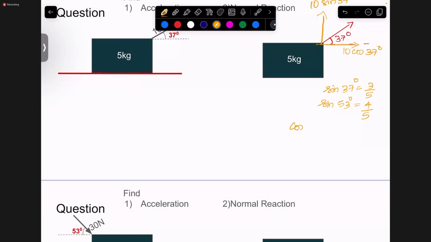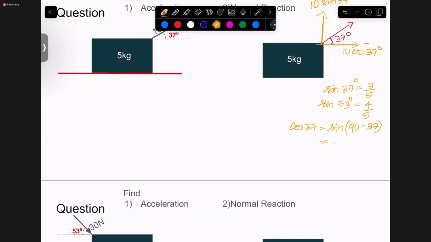And cos 37 is equal to sine 90 minus 37.